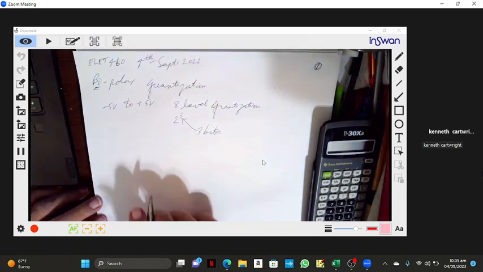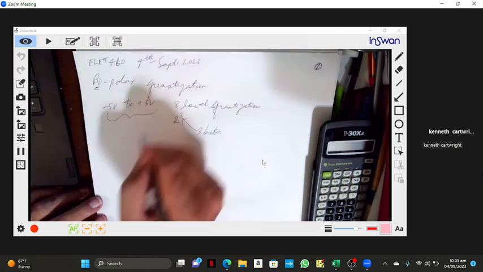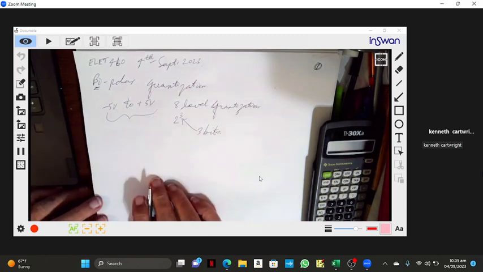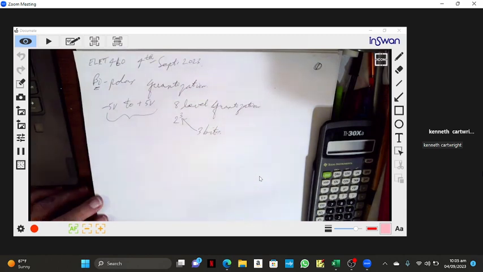So what's the range of the input signal?